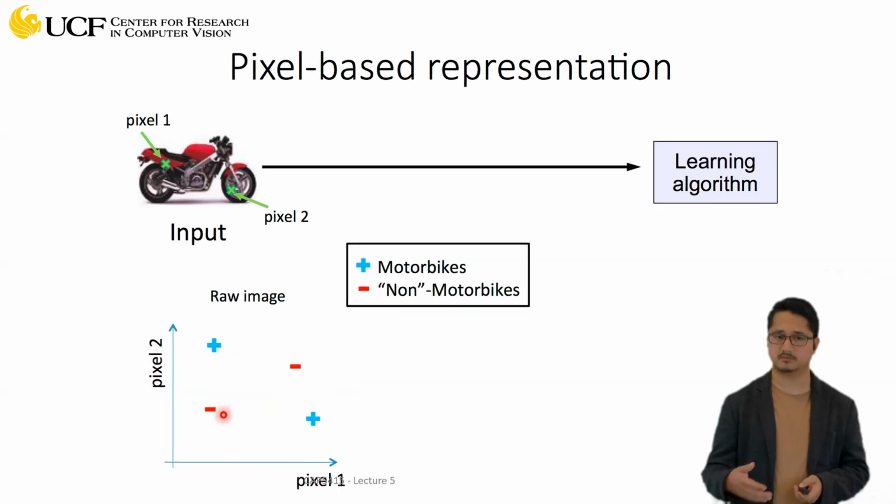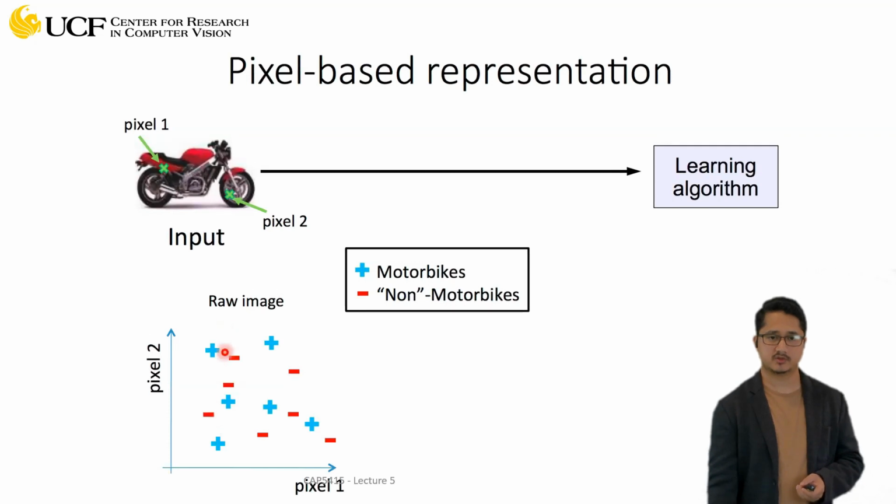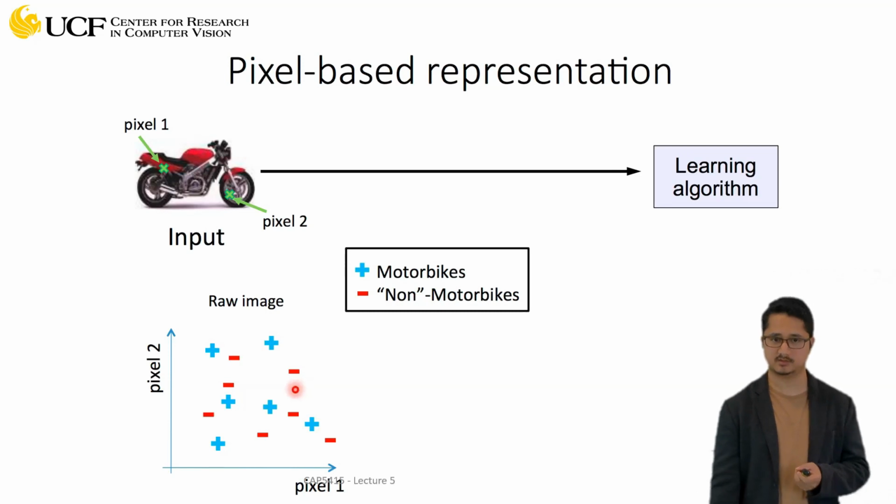And we can try to plot more such images. What will happen is these blue crosses belong to motorcycles, and the red ones are non-motorcycles, negative images, right? So this is your distribution.